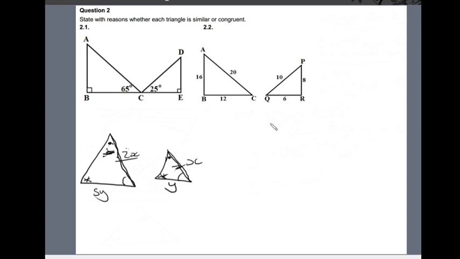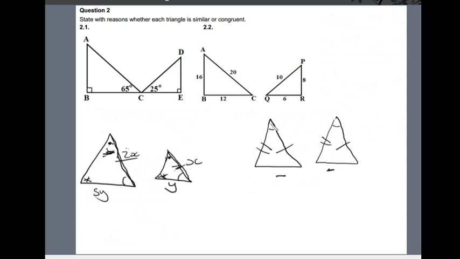With congruent triangles, the triangles have to be exactly the same, right, in terms of length and angles. So for congruent triangles, if this angle is equal to that angle, this side is equal to that side, this side is equal to that side, these two triangles will be congruent, meaning they are exactly the same, right?